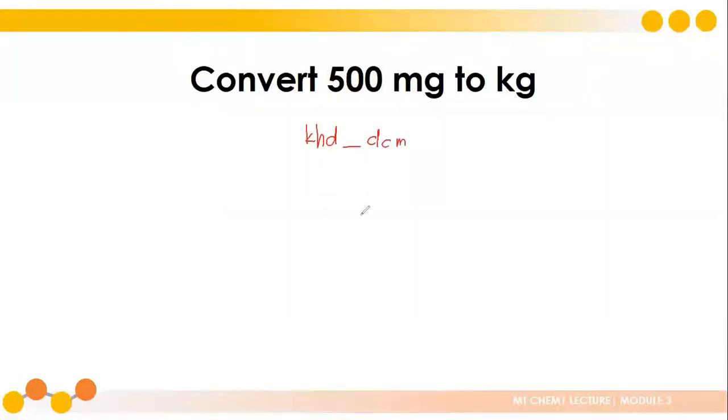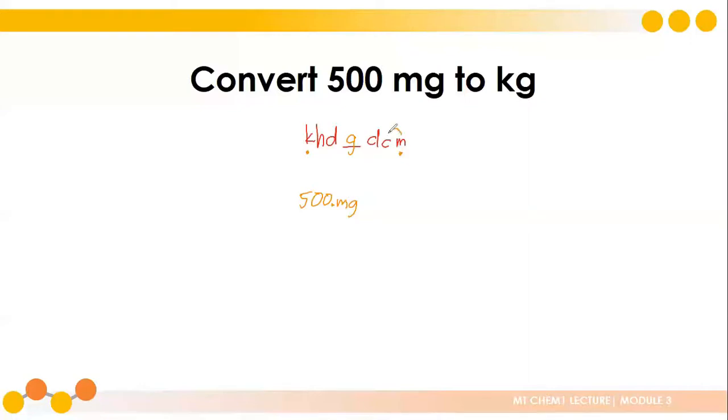Okay, so for this one, let's write G as our base unit because we're looking for kilograms. Okay, now since we have here 500 milligrams, the decimal point should be here. Okay, but how many times do we need to move and to where? You're located here. Okay, and then your point of destination is kilograms.